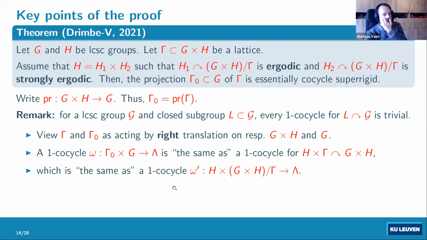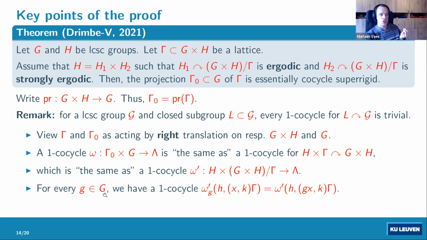So it's also essentially the same as H acting on the left on this probability space, G times H mod gamma. Now here we have created room for deformation, because now not only H is acting, but also G is acting. And it somehow has this same flavor of Joanna's proof for compact groups, because for every group element G, you get a new one cocycle, omega prime G, because G is commuting with the H action with this kind of straightforward formula.